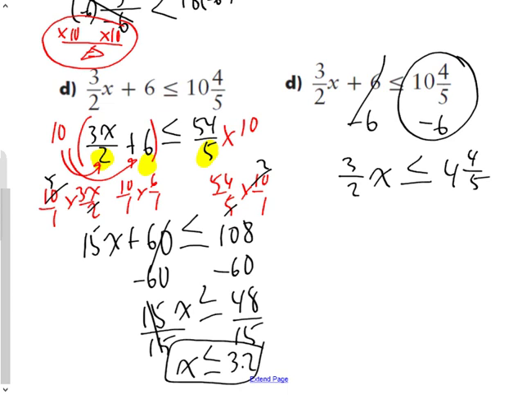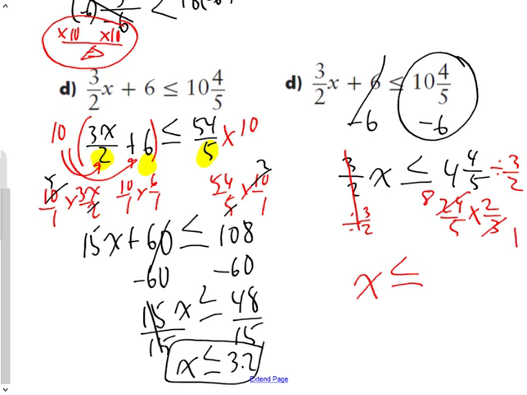Now I'm going to divide both sides by 3/2 to isolate for x. 24/5 multiplied by the reciprocal of 3/2. Cross reduce, 8/1 will give me 16/5, which is 3 1/5, which if I think of it as a decimal, is 3.2.